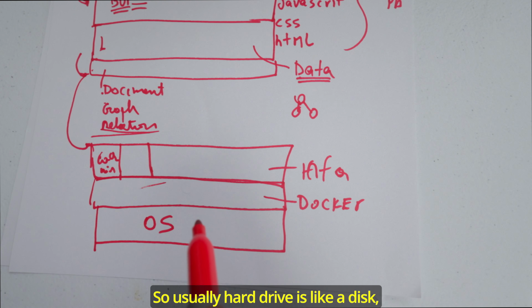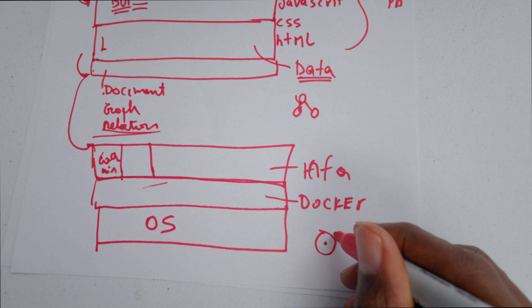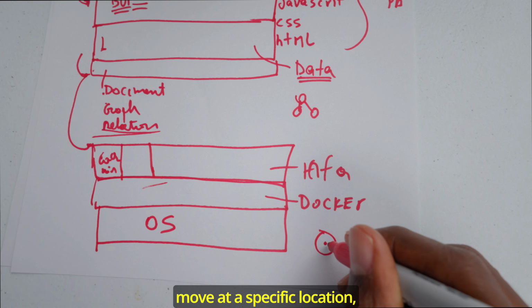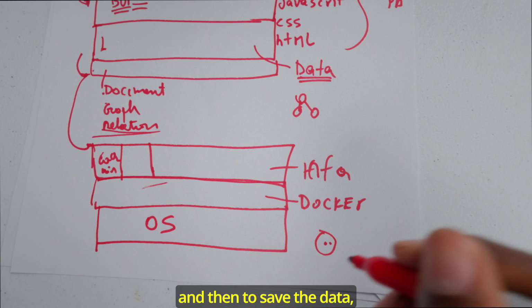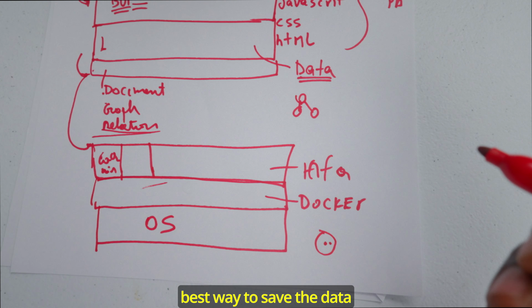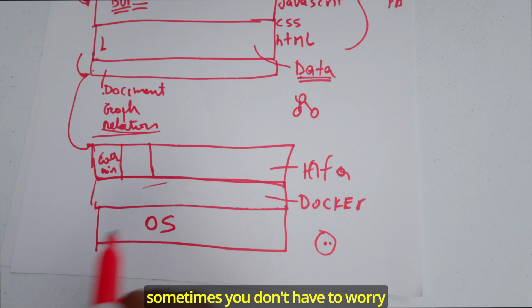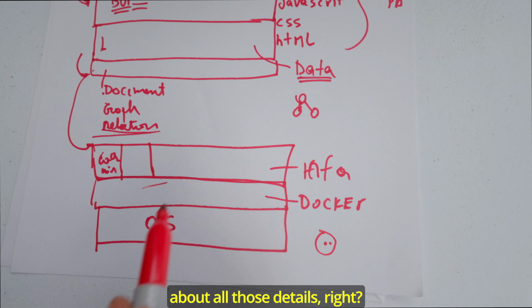Usually a hard drive is like a disk, and then you have a needle, and the needle has to move to a specific location to save the data, and then find the best way to save the data so that the disk is not fragmented. As an engineer, sometimes you don't have to worry about all those details.